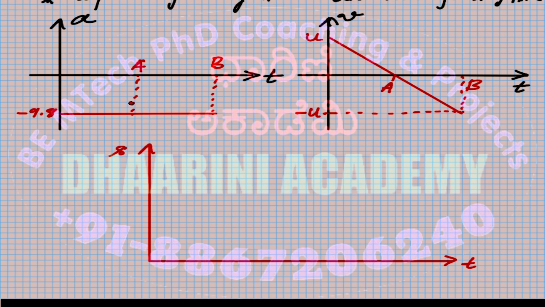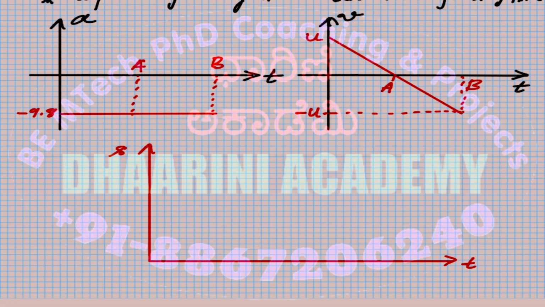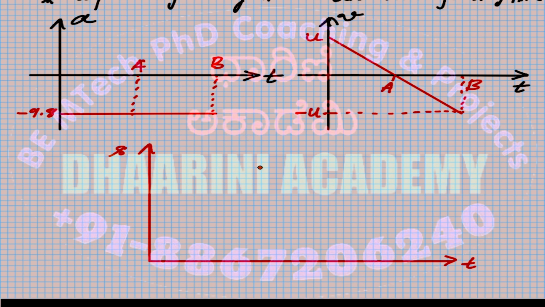As we know now, as I throw an object straight upwards from ground, the displacement keeps on increasing. It reaches a maximum point, that is the highest point of displacement. That highest point is around A for us. So when you reach A, the displacement is highest.